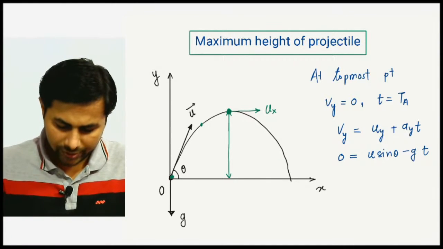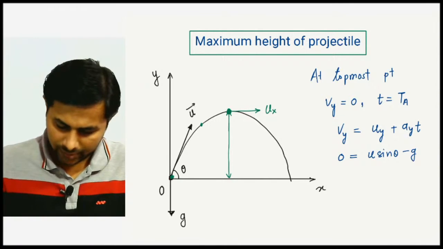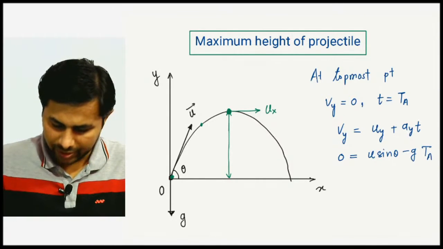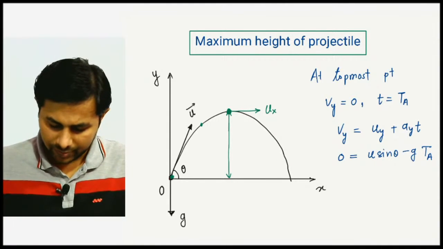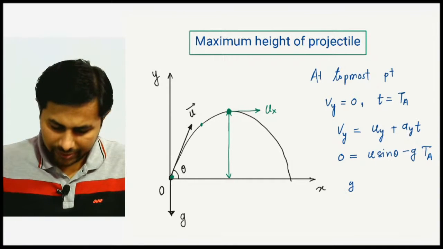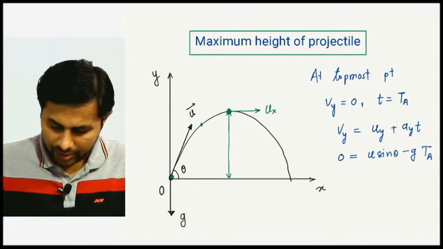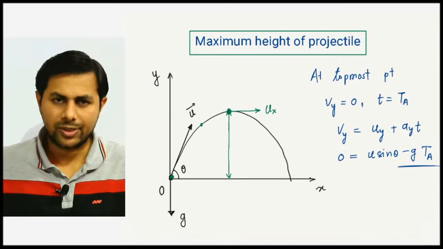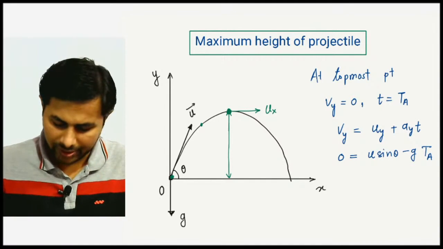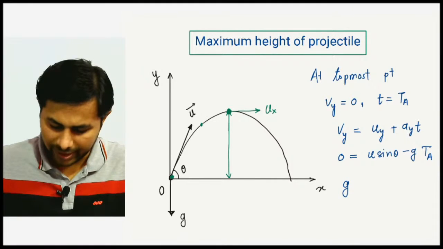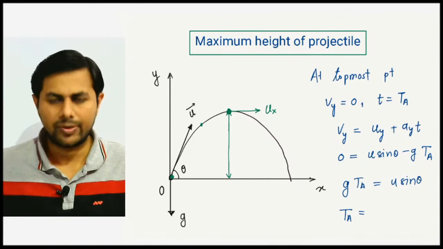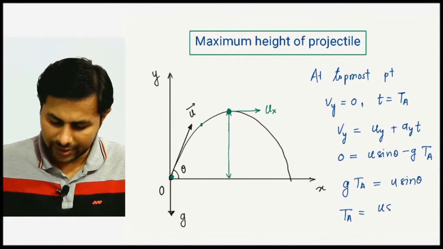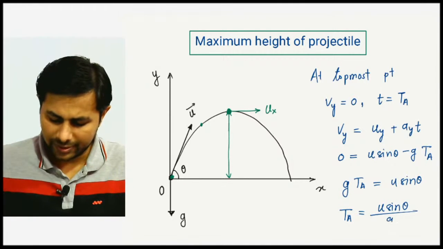So if we substitute in place of t, let's substitute t suffix a over here, then we can write this equation as, if we take this minus g times Ta to the other side, it becomes plus, so it is g multiplied by Ta equals u sin theta, and therefore t suffix a will be equal to u sin theta divided by g.